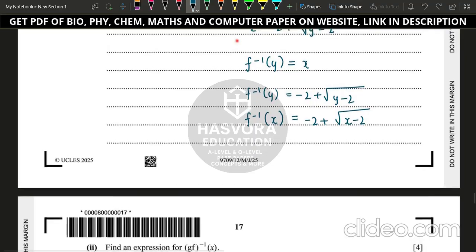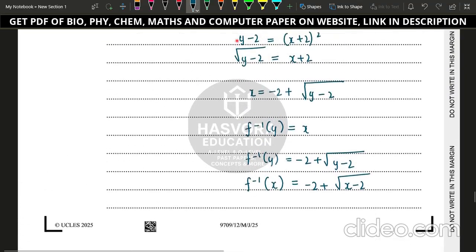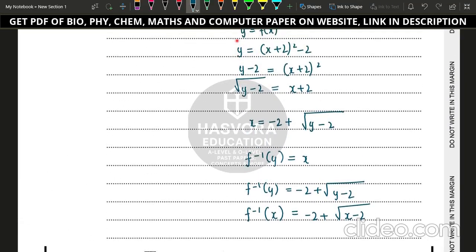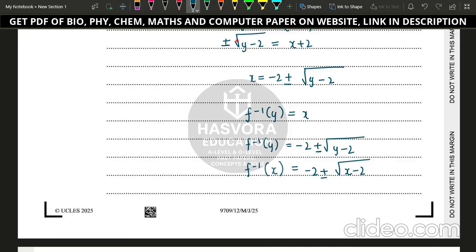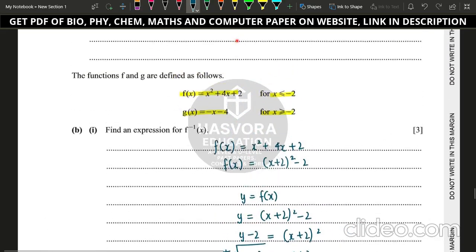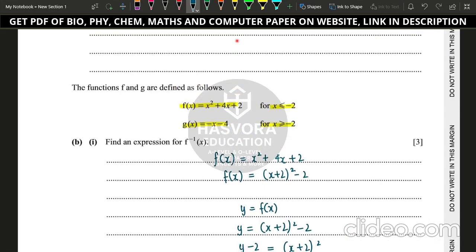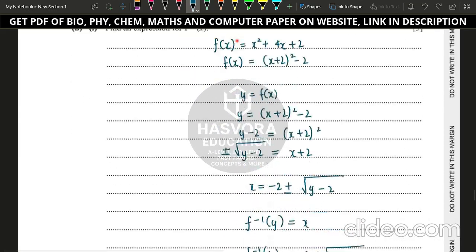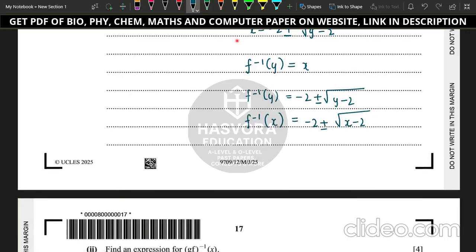Now one thing that I need to tell you is that when we have taken the square root, it will give you plus minus, and the plus minus will remain till here. So how do we decide whether we are going to take the plus or the minus? You can see the domain of f of x is less than minus 2. So what are you going to do to get less than minus 2?